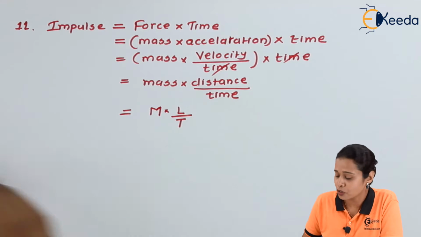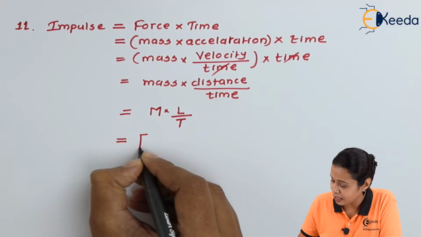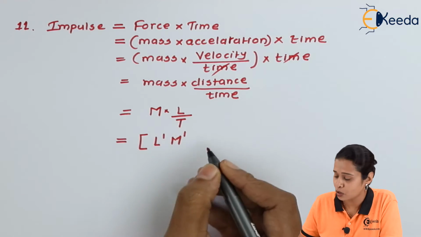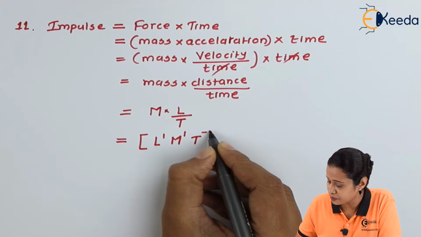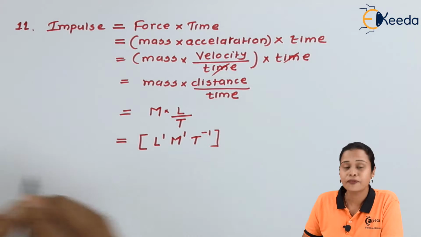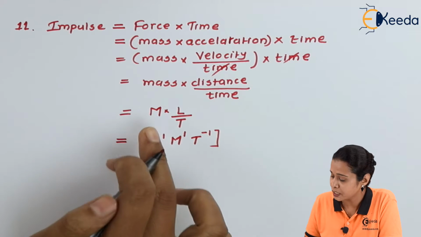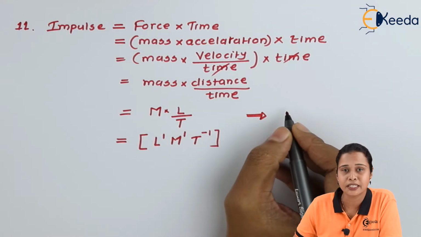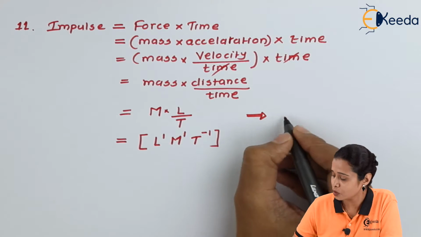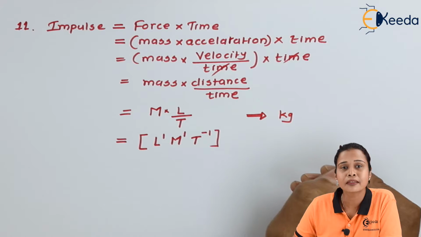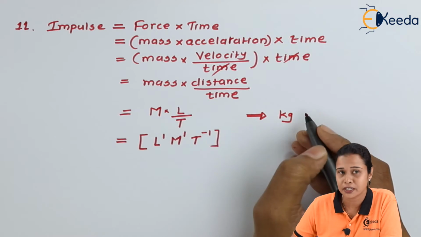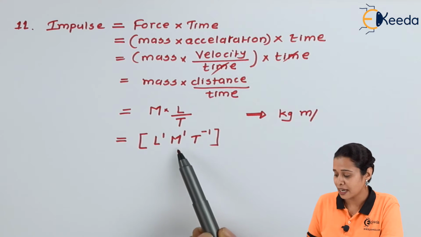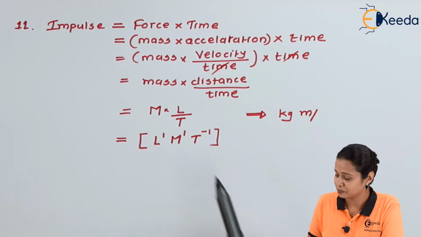Hence, the dimension of impulse can be written as L1, M1, T is in the denominator, so we'll write T minus 1.